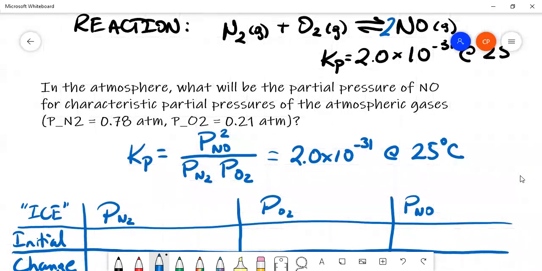What are my initials for the problem? What's given to me up front? This is the point where we interpret what's in the problem to actually get the correct setup.